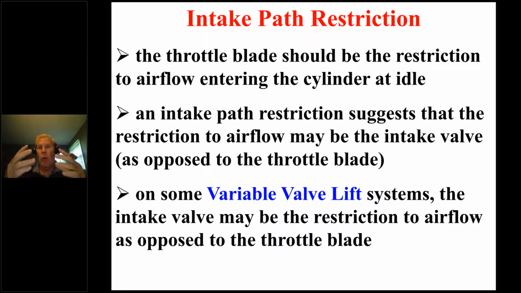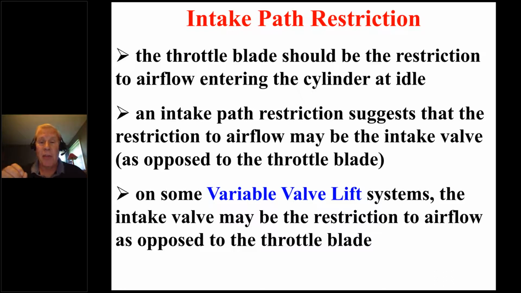So you could have an intake valve that's not opening far enough. You could have an intake valve or the port, the tract, with heavy carbon deposits. Somebody did engine work, they forgot to pull a rag out. That would be an intake path restriction.